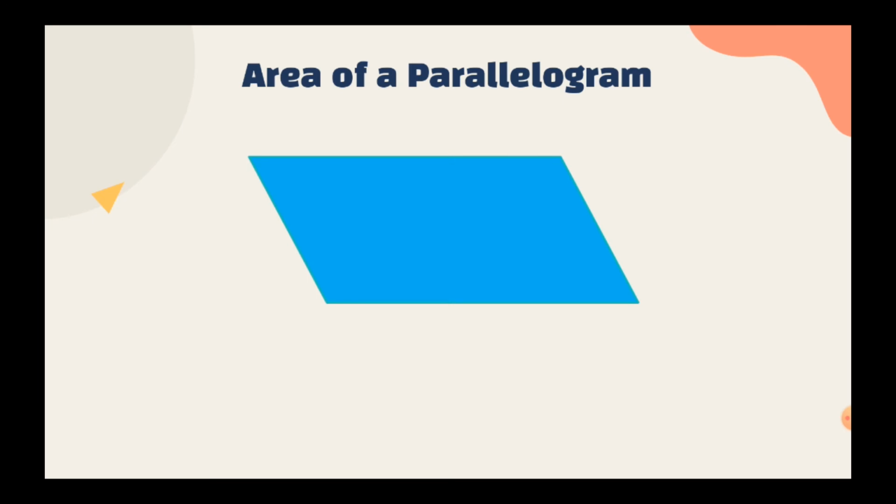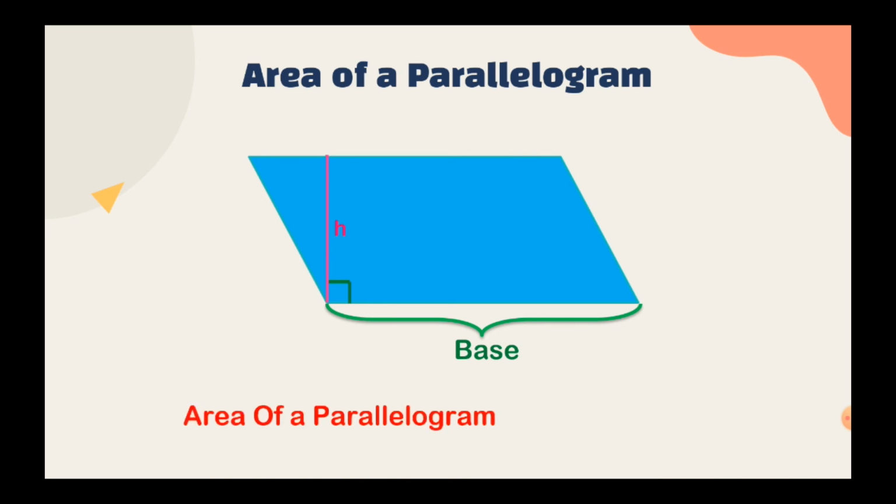The area of a parallelogram is height times the side that is perpendicular to this height. As I said before, this is called the base. So, the area of a parallelogram is equal to height times base according to this height.